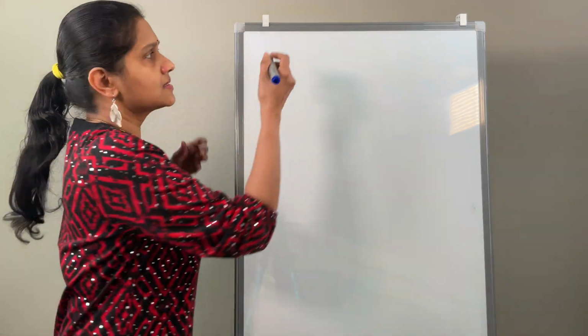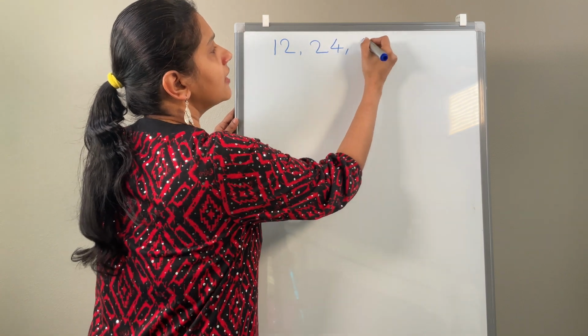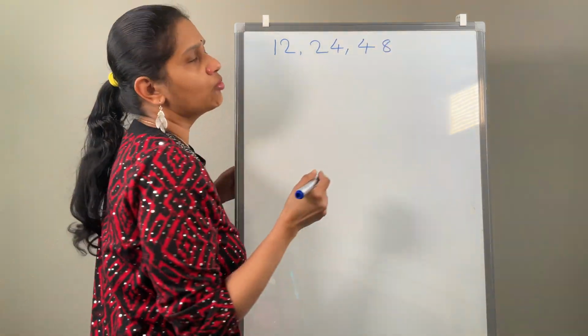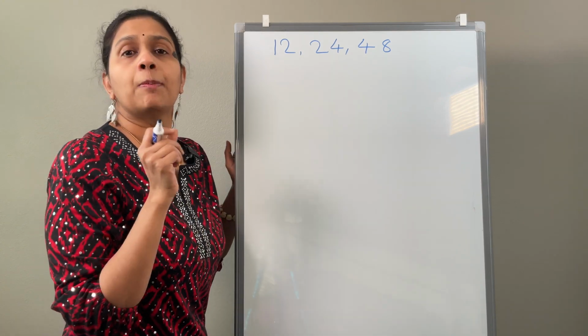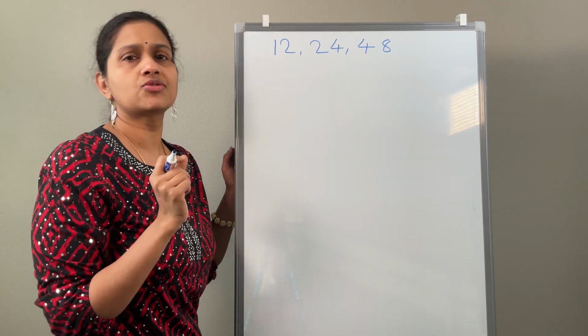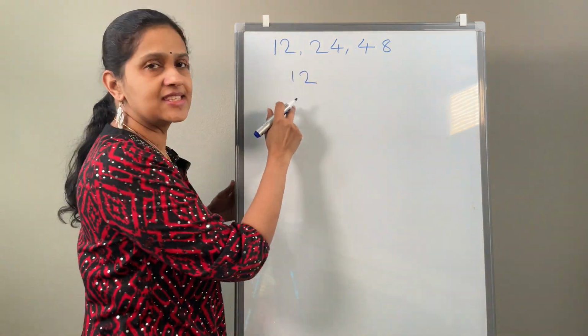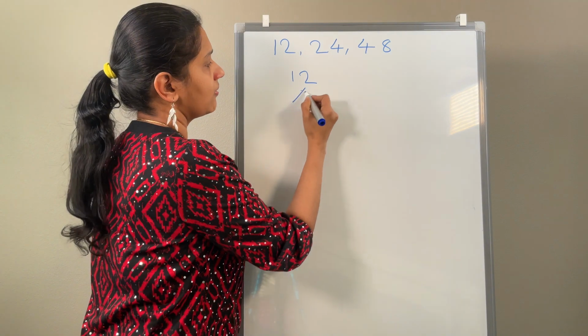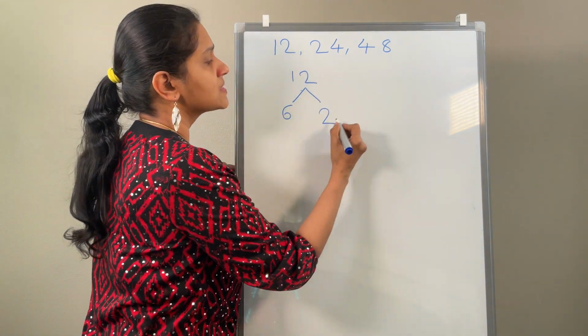Consider the numbers 12, 24 and 48. So what we are going to do? We are going to find the GCF using the prime factorization strategy. First, let us do the prime factorization of the number 12. You know 12 can be written as 6 times 2.